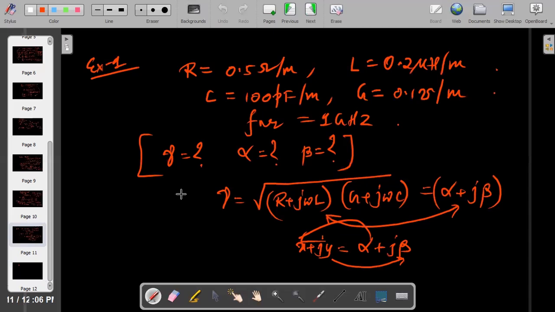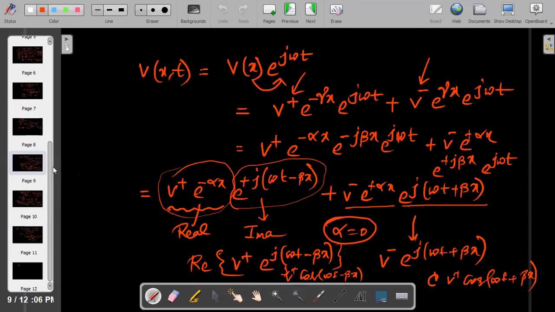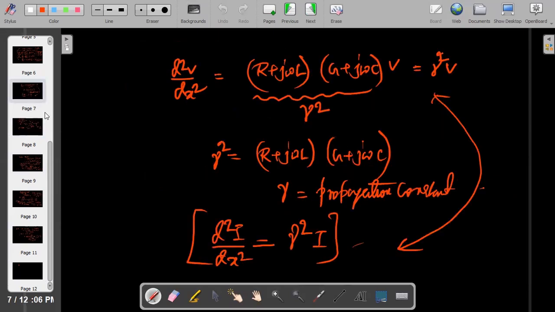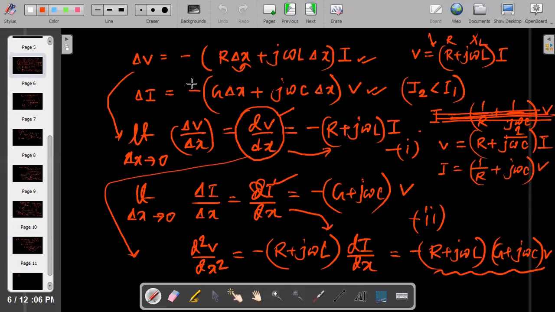Look here. Now we will be starting some analysis from here. Go for the first, where I have written dV/dx.